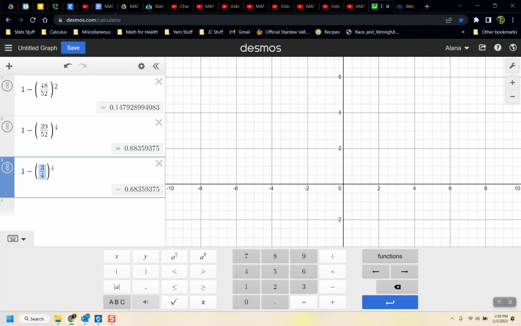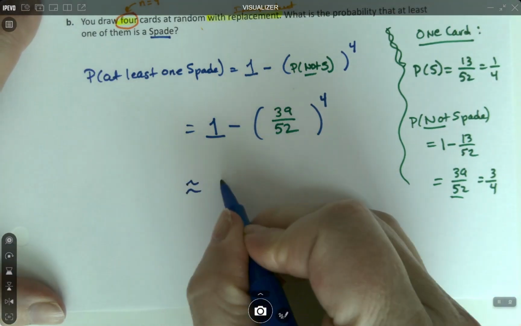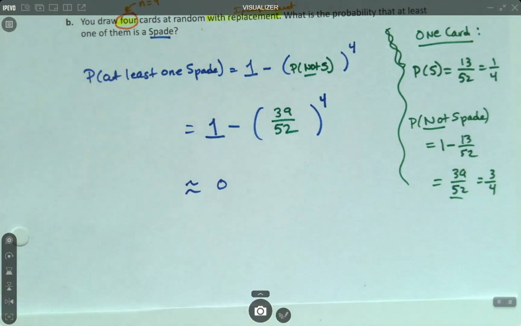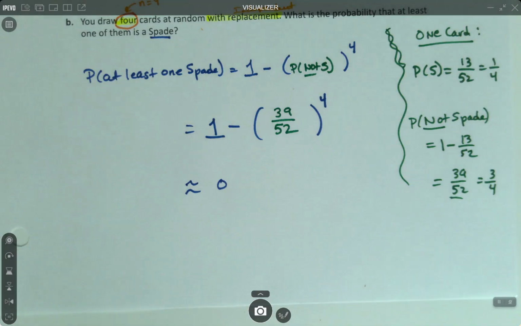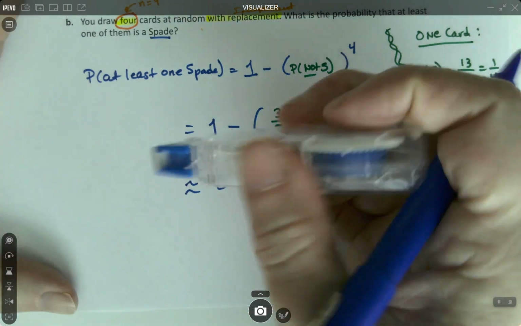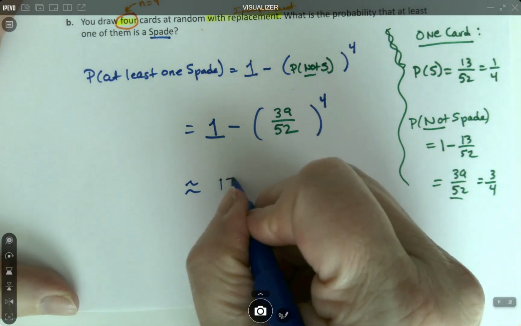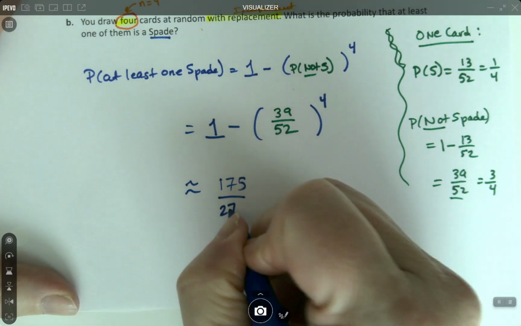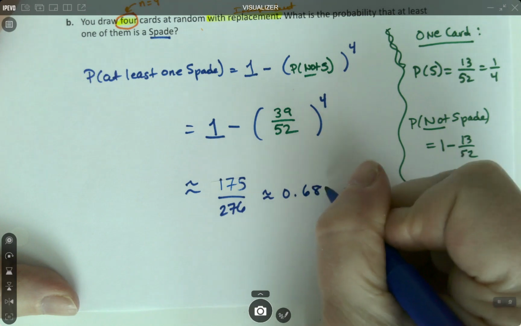There are 3/4 of the cards are not spades. So you take 1 minus 3/4 to the 4, which is 0. Oh, I didn't grab the fraction. I don't think it matters, but just in case you're curious. It's 175 over 276, which is 0.6836.